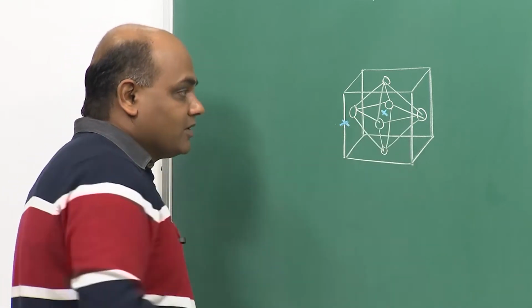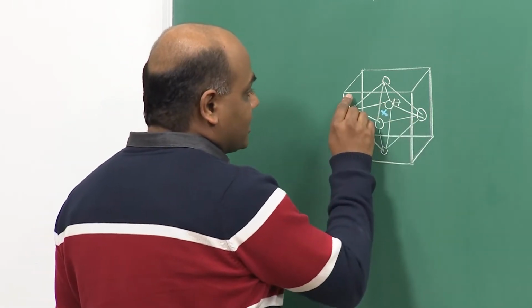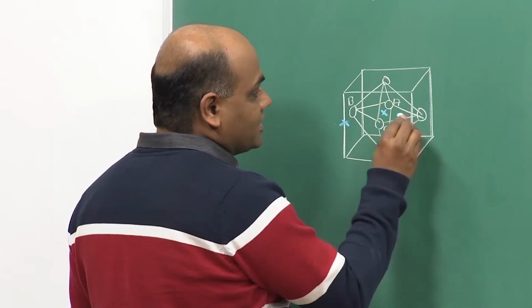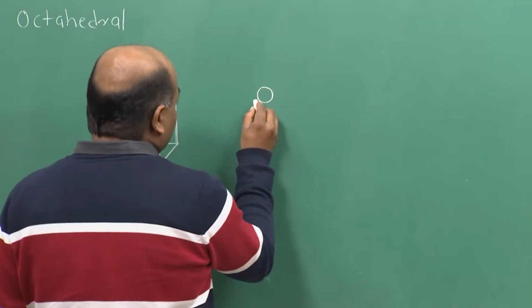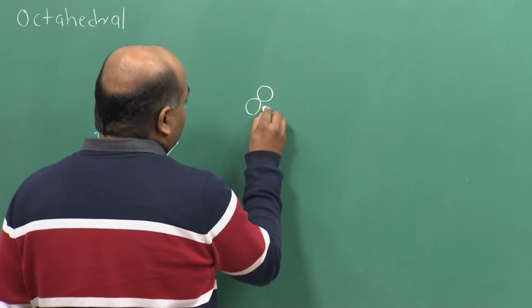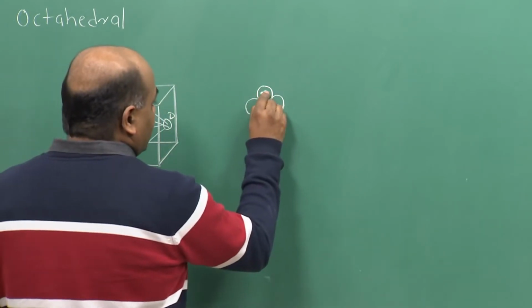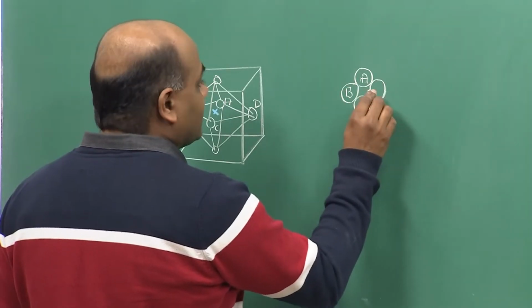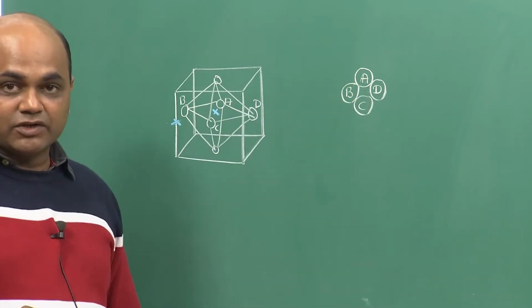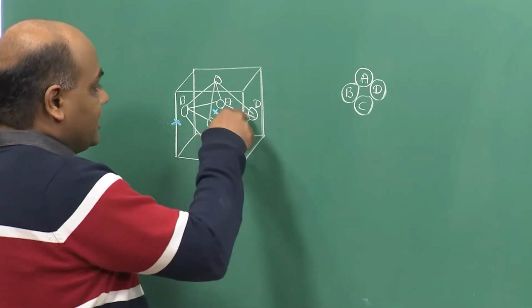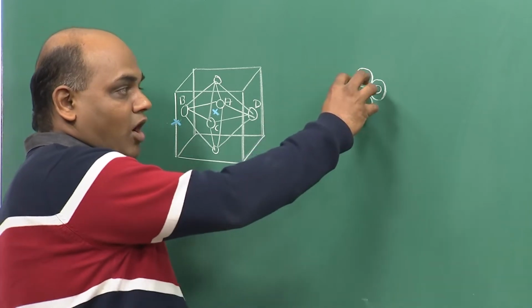So, if we try to visualize these atoms, let us label the plane formed by these atoms as A, B, C and D. A, B, B, C, C, D and D, A are touching each other, because they are the nearest neighbors, and obviously there will be one atom on top.